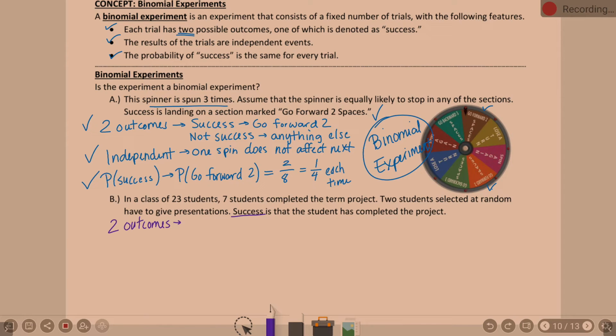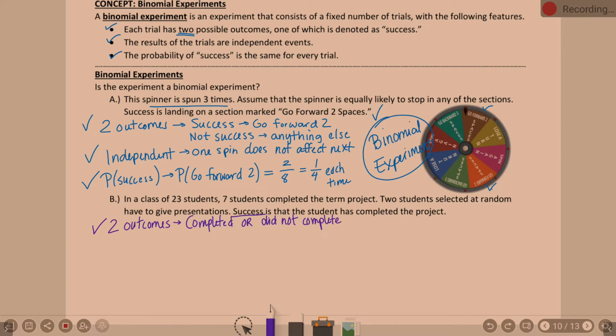So 2 outcomes. They either completed or did not complete. Okay. So we can check off. That's a check in my brain.